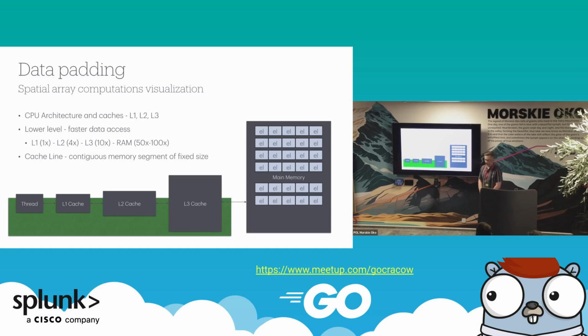And the CPU, our computational unit, relies on caching to speed up memory access. Usually there are three levels of caches, and the lower the level, the faster the data access is.